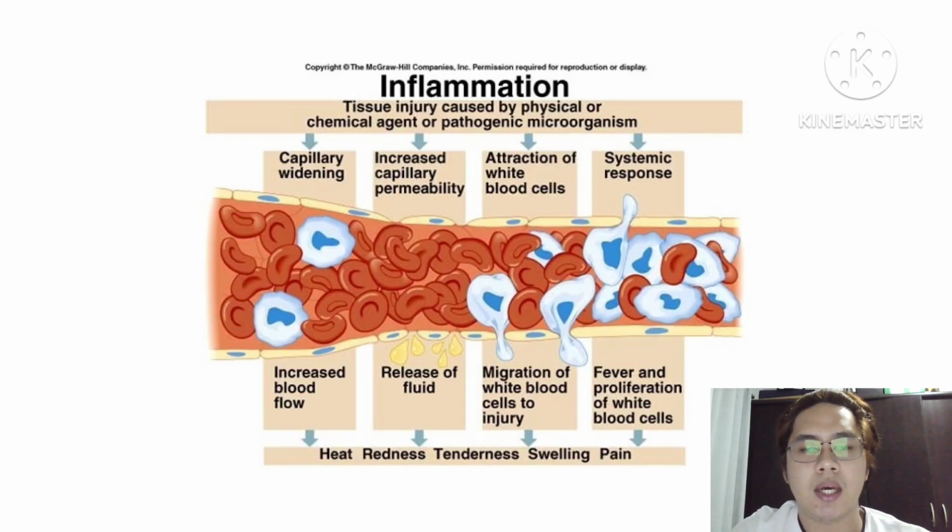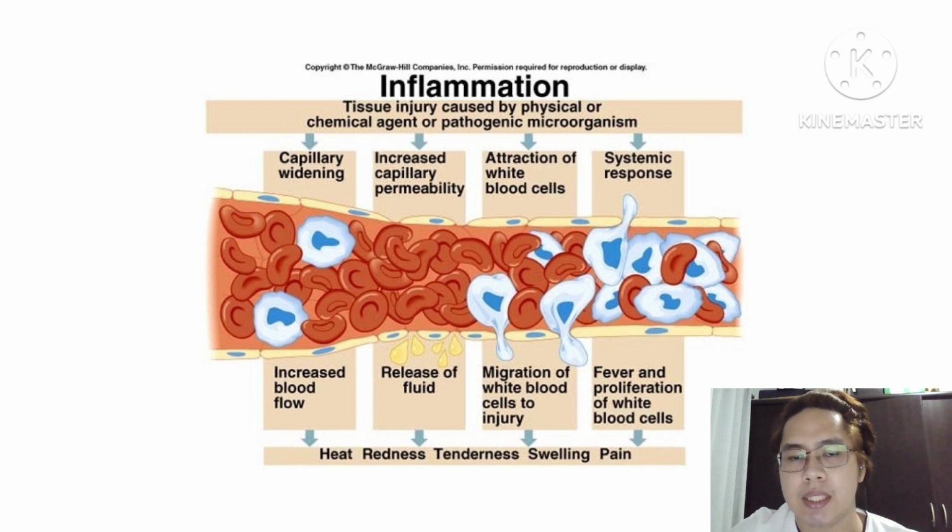Here we have an illustration of what happens when tissue injury is caused by a physical or chemical agent or a pathogenic microorganism. First, let's talk about the capillary widening.